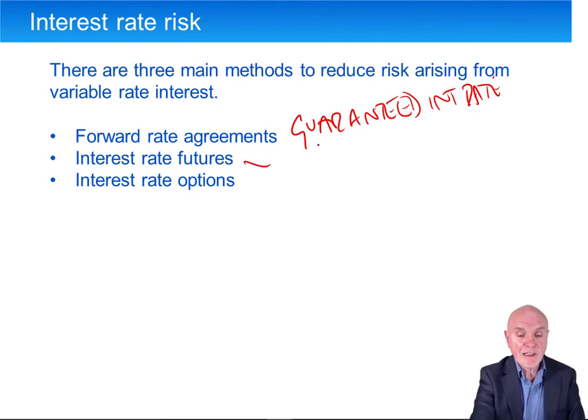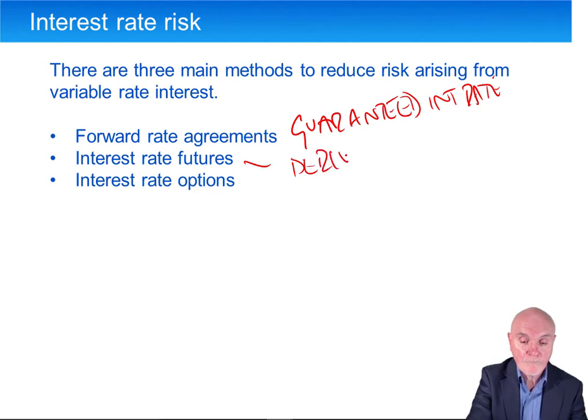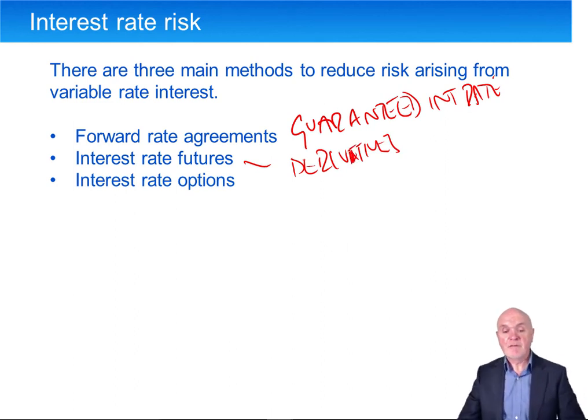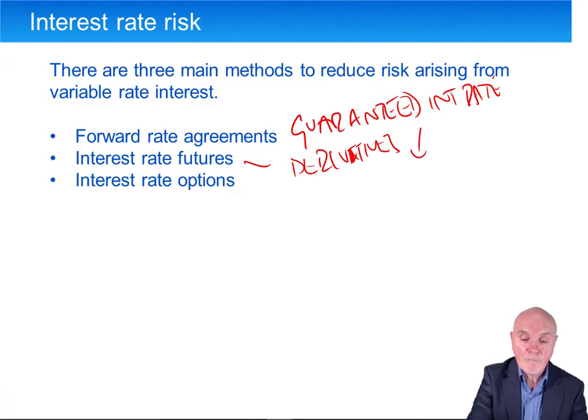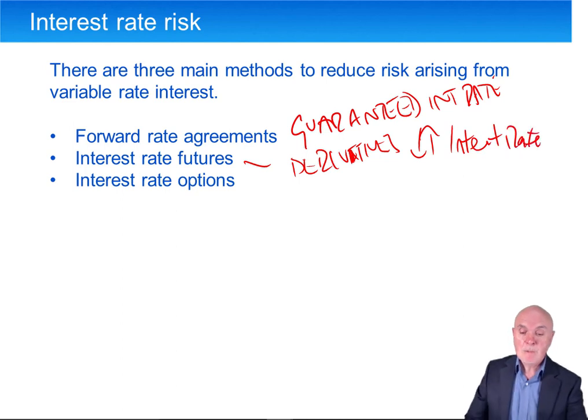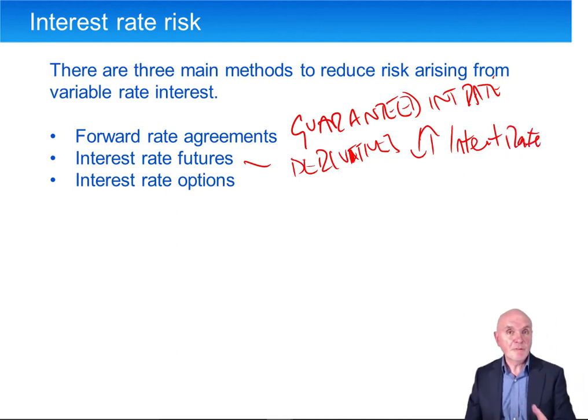Interest rate futures, these are again derivatives. And the derivatives, their value goes up and down according to the interest rate. So remember, derivatives, they take their value from something else. And here it is the interest rate.